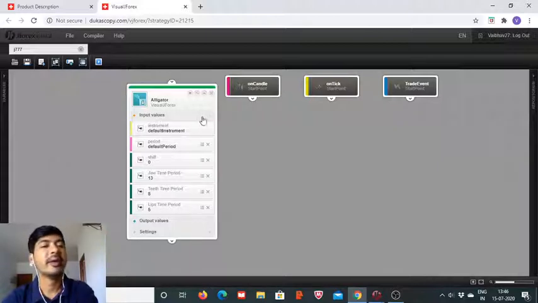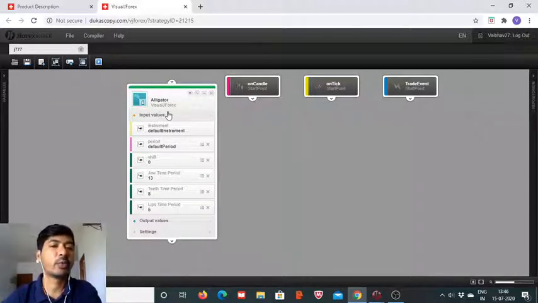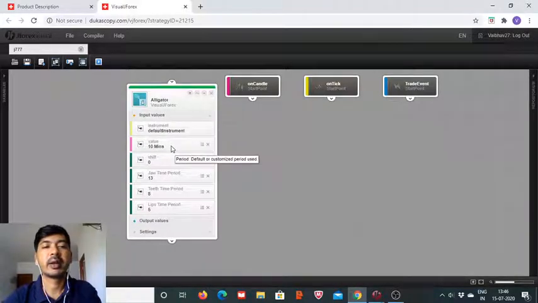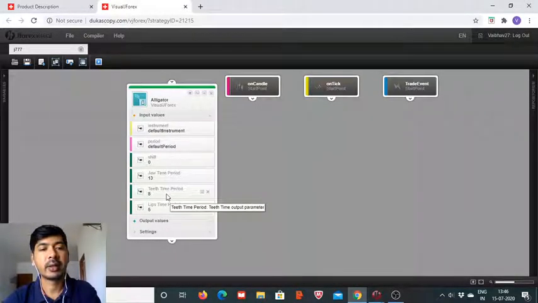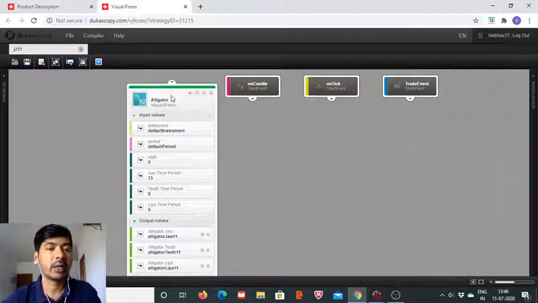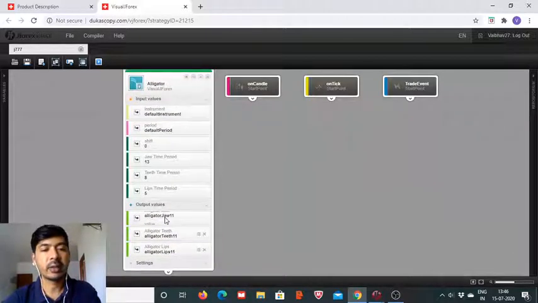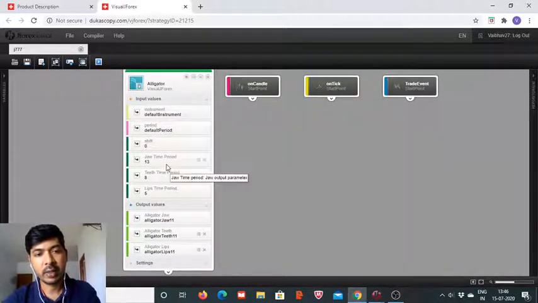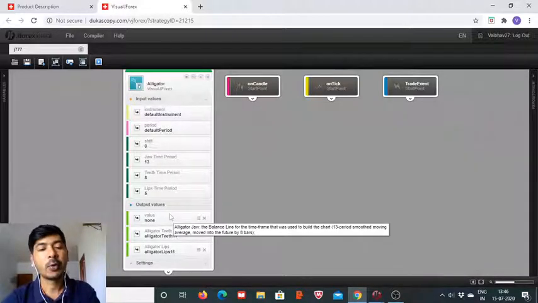So here you have to define these input values: default instrument, time period, shift, jaw time period, teeth time period, and lips time period. You have to define all these input parameters, and then depending on the input parameters you will have the output values.